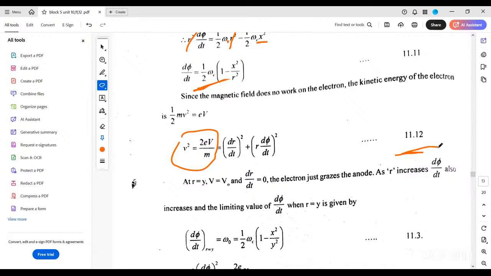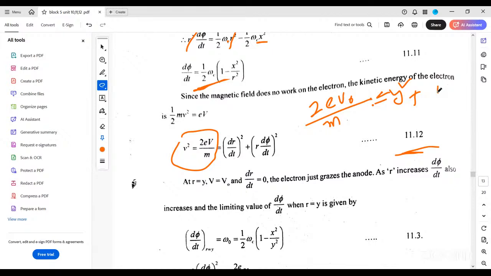Write beside, before 11.12, the actual equation is 2 times ev0 by m equal to y square plus d5.